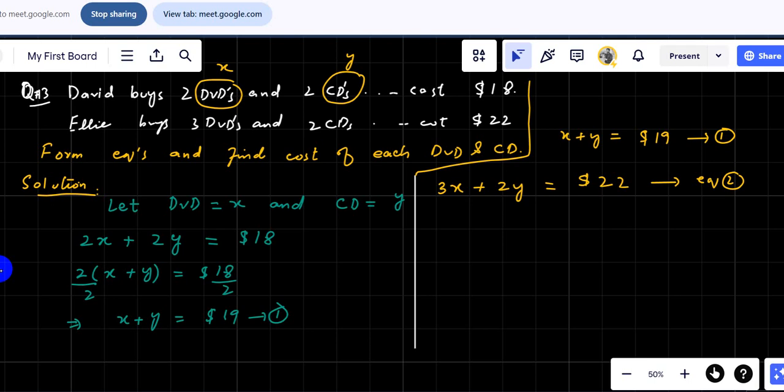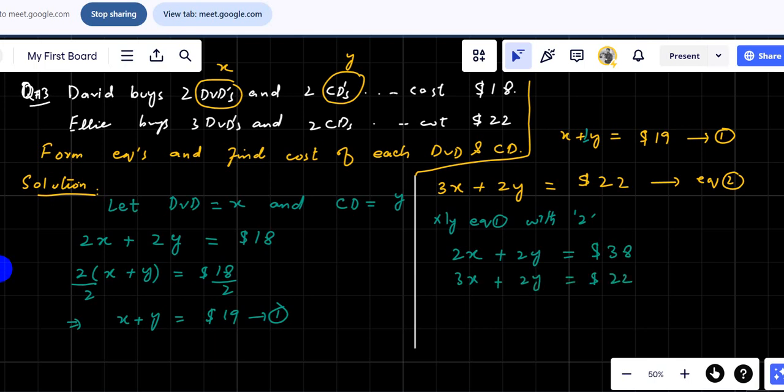If I want to eliminate y, then the coefficient of y must be the same. In the first equation, the coefficient of y is 1 and it should be 2. So we will multiply equation 1 by 2 and our new equation will be 2x plus 2y equals 2 times 9, 18, and the second equation is unchanged: 3x plus 2y equals $22.